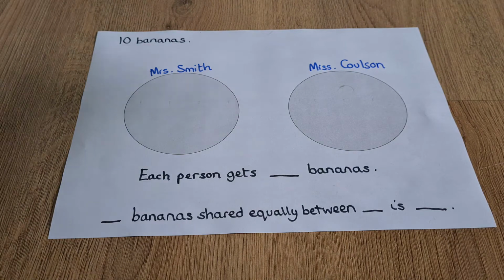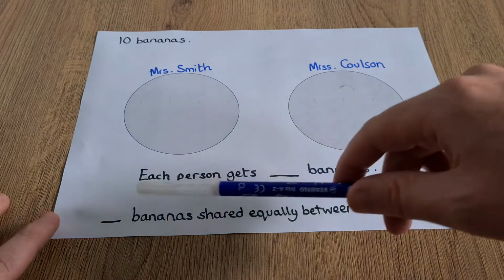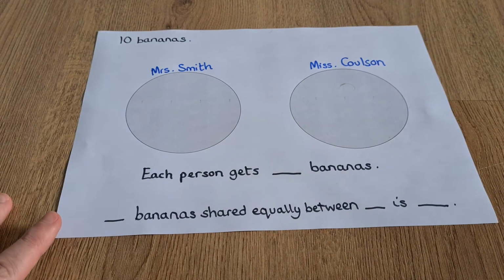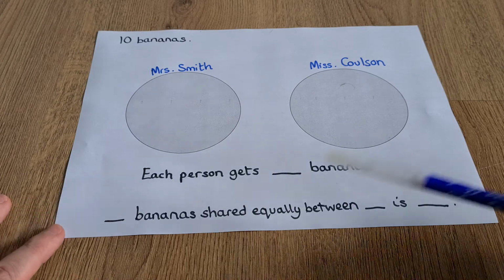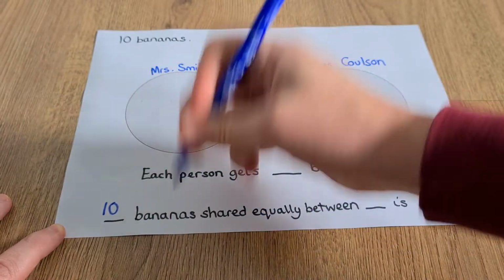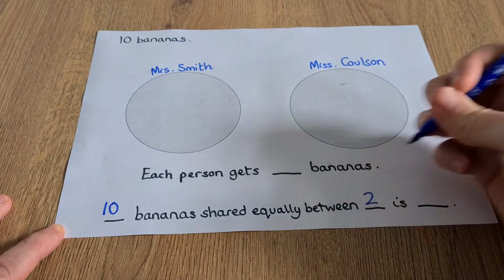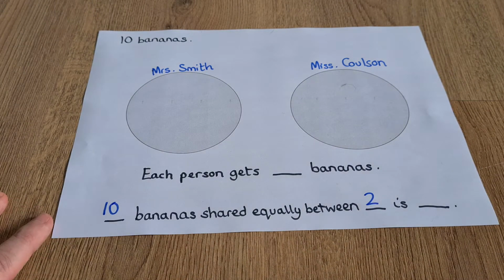So 10 bananas. I'm going to share them between 2 people, Mrs. Smith and Miss Coulson. So again, I can't fill in my first sentence because I don't know how many is going to be in each group yet, but I can say that 10 bananas shared equally between 2 is, and then hopefully I'll find out my answer.